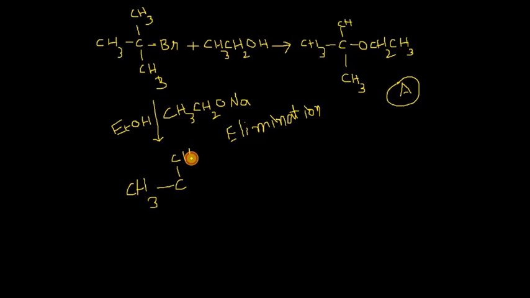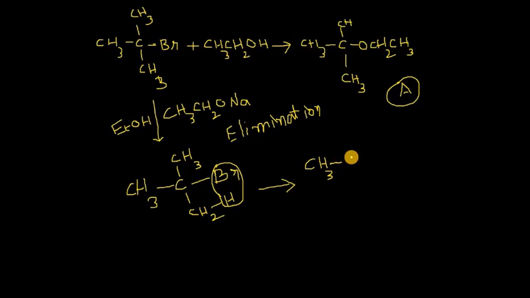If you take one hydrogen from the beta carbon, suppose you are taking this CH3 as CH2, the rest will remain attached to this carbon, and the halogen will be removed. After the elimination process, both the bromine and hydrogen go, and we get a product called an alkene. An alkene will be obtained.